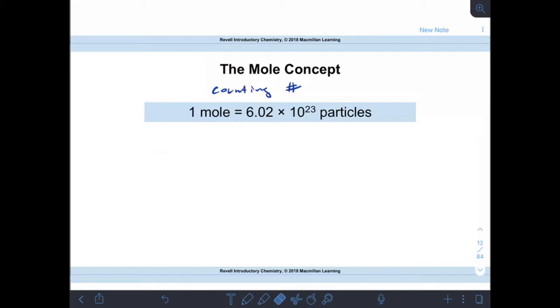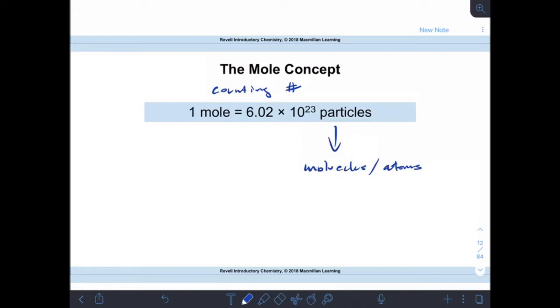So when we say particles in this slide, pretty much we're talking about molecules or atoms. Okay? So particles being whole molecules or individual atoms, doesn't really matter.